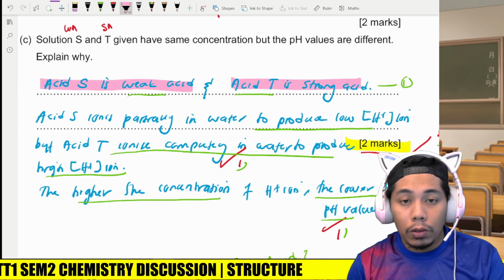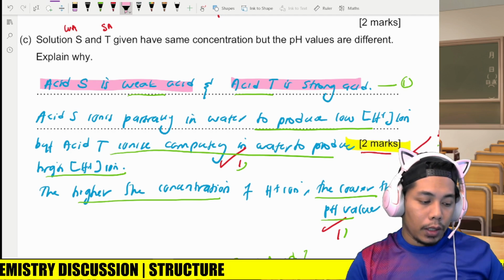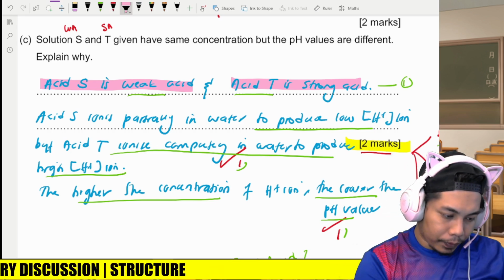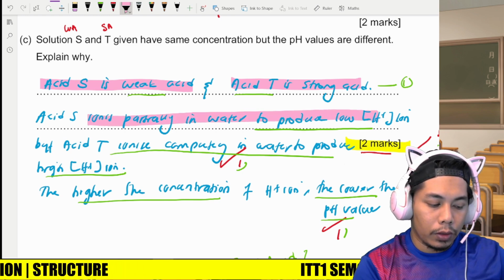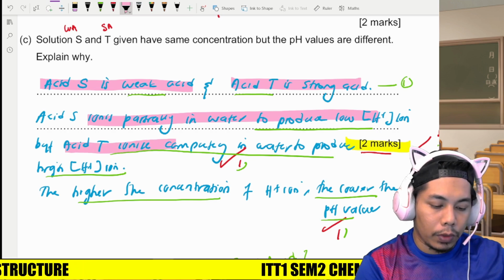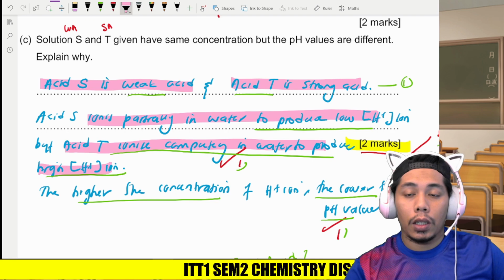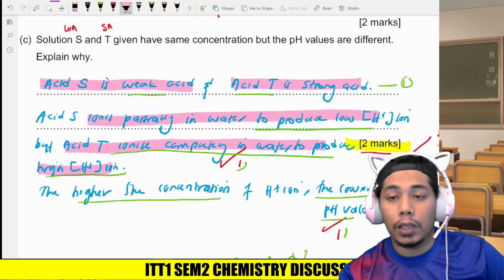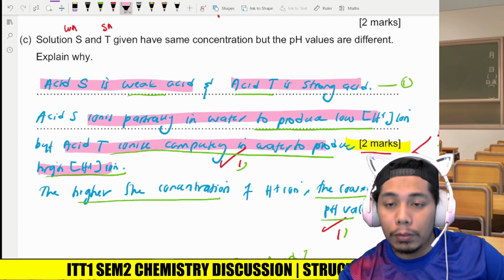Ada satu lagi jawapan kalau kamu jawab yang ni pun markah dia sama je. Okey, iaitu acid S ionized partially in water to produce low hydrogen ion, and acid T ionized completely in water to produce high concentration of hydrogen ion. Kalau kamu jawab macam ni, masih lagi dapat satu markah, tak dapat dua markah. Sebab apa? Point dia sama.